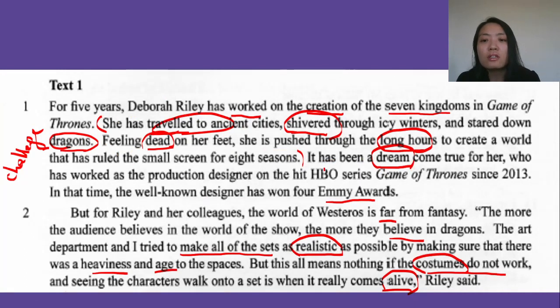But this is just one sentence that talks about her dream when she worked as a production designer. And that's all. The main bulk of it was to tell you how difficult it was for her to actually create the set. It was a dream come true only, but it wasn't talking about her dream all the time. And also, there was nothing about the history of the Seven Kingdoms in the Game of Thrones.